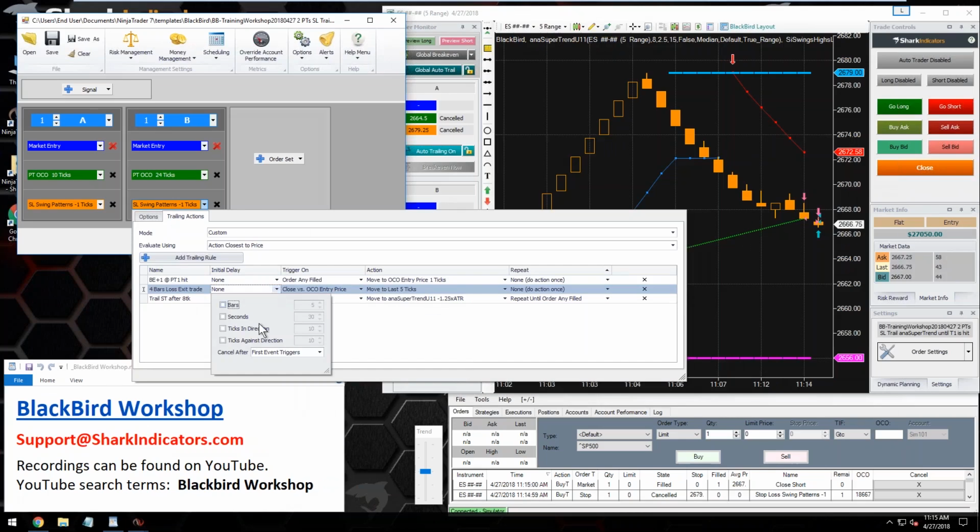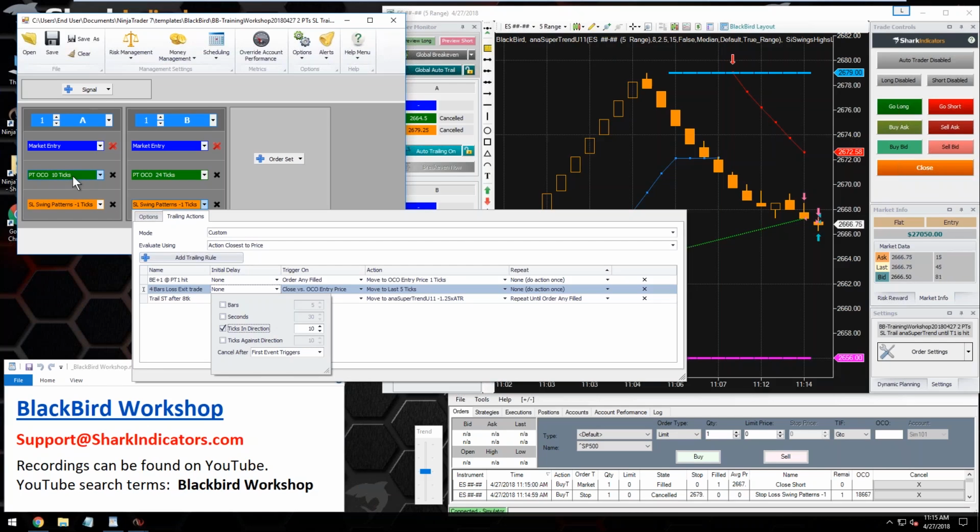Let's see here. Let's do this. So there we go. Ticks in direction. So we know target 1 is a 10 tick profit target, 2.5 points. So we'll just use a delay of ticks in direction of 10 ticks. So once the market has touched 10 ticks, that should fill profit target 1.